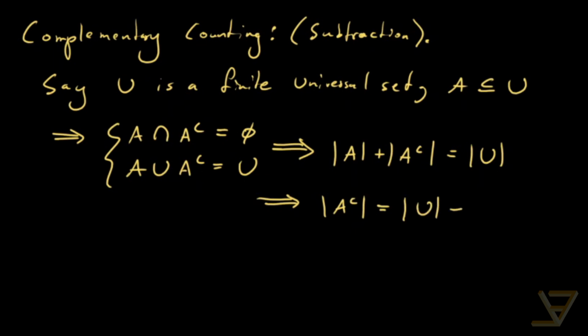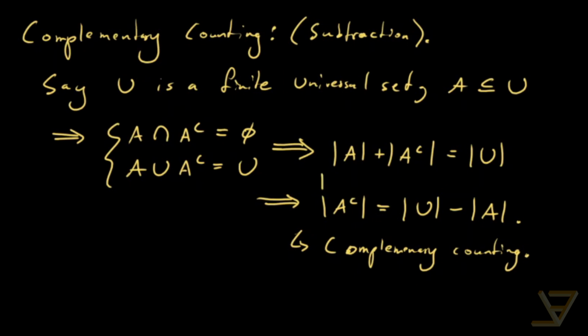So the cardinality of U minus the cardinality of A. And that is what we call complementary counting, because we just found the cardinality of the complement by subtracting the cardinality of the original set from U.